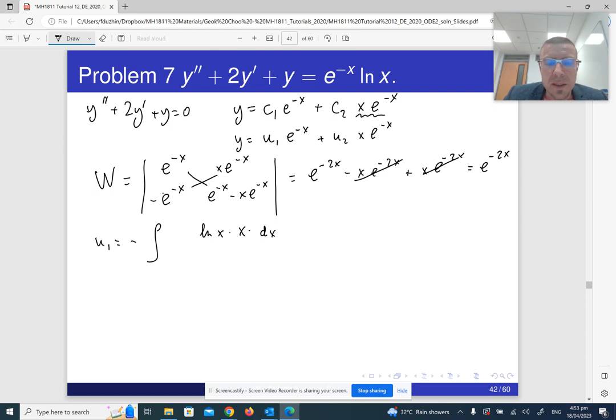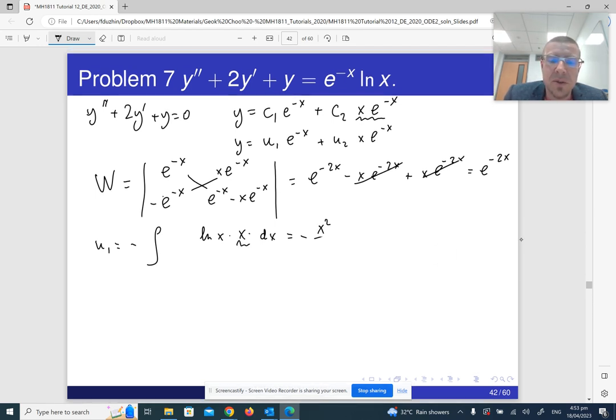dx. I guess I could do it in Wolfram Alpha, but now it's just very easy, so it's probably going to be faster if I integrate it myself than open Wolfram Alpha. Okay, so we have the minus sign, so we've got to do it by parts. So we take the antiderivative of x, it's going to be x squared over 2 times ln x.